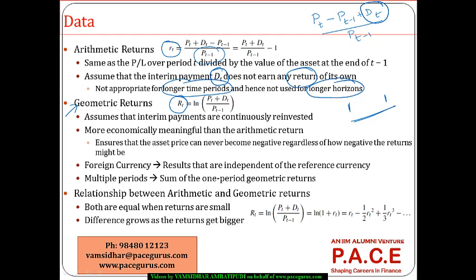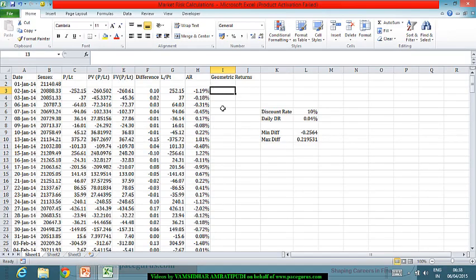Geometric return comes out as the logarithm of the current price along with any dividend received during the period, divided by Pt minus 1. So again, assuming no intermediate cash flows come up, it comes out as the logarithm of the current day's price divided by the previous day's price.